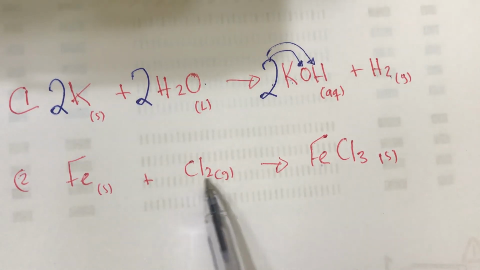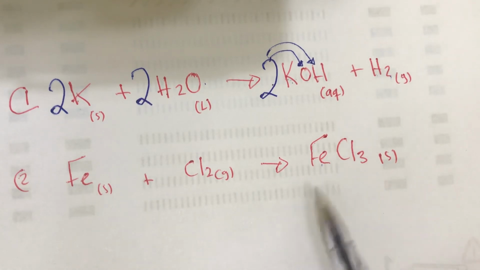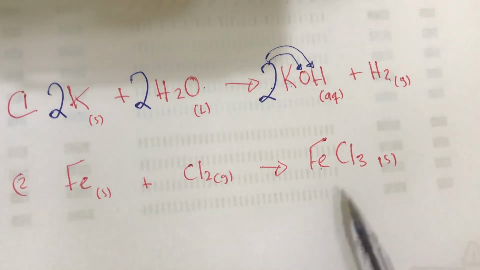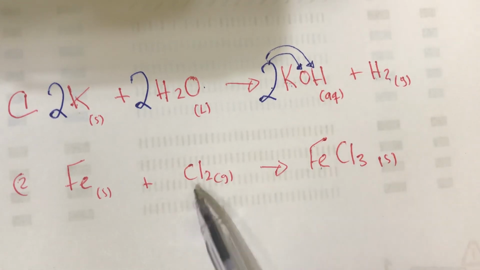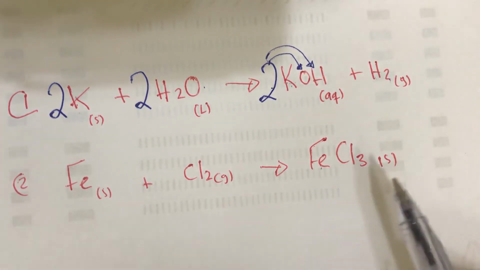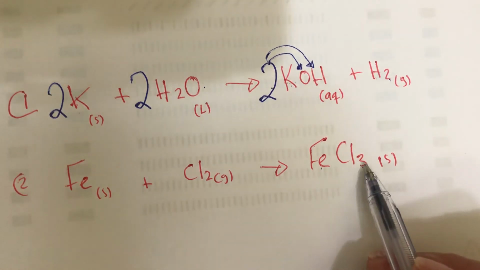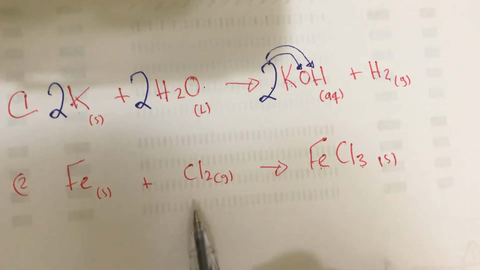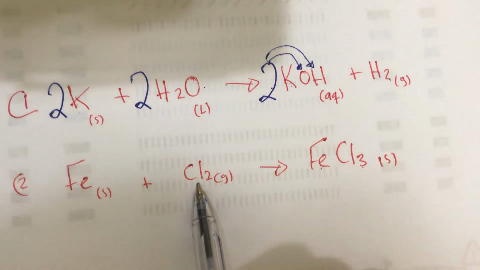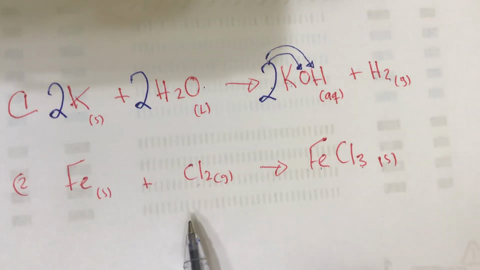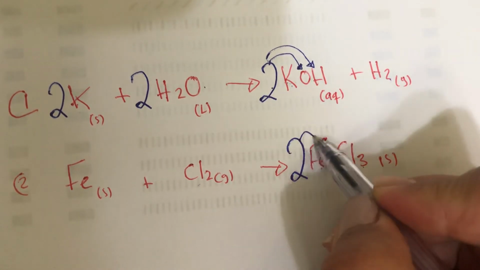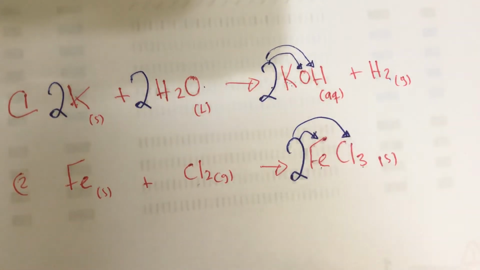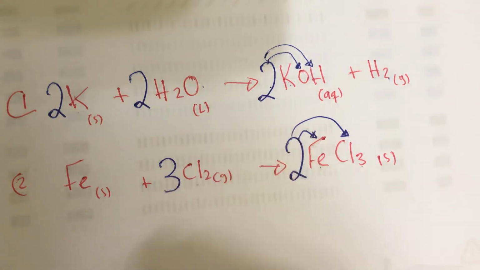In the reactant you have 2 and in the product 3. So how to get an equal number for chlorine? So in the product you have to multiply by 2, so you can get 6 chlorine, and in the reactant multiply by 3, so you can get 6. So here multiply by 2 and here multiply by 3.